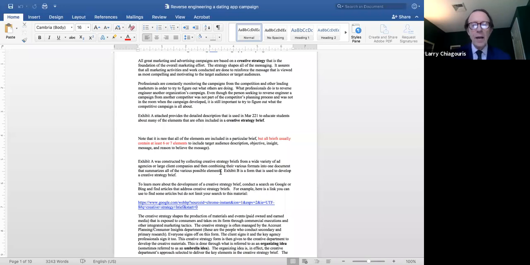So, as it says here, not all the elements of the creative strategy brief are found in every copy strategy brief, but at least 6 or 7 of them are, particularly the target audience description, the insight, the message, reasons to believe it. These are very, very important.